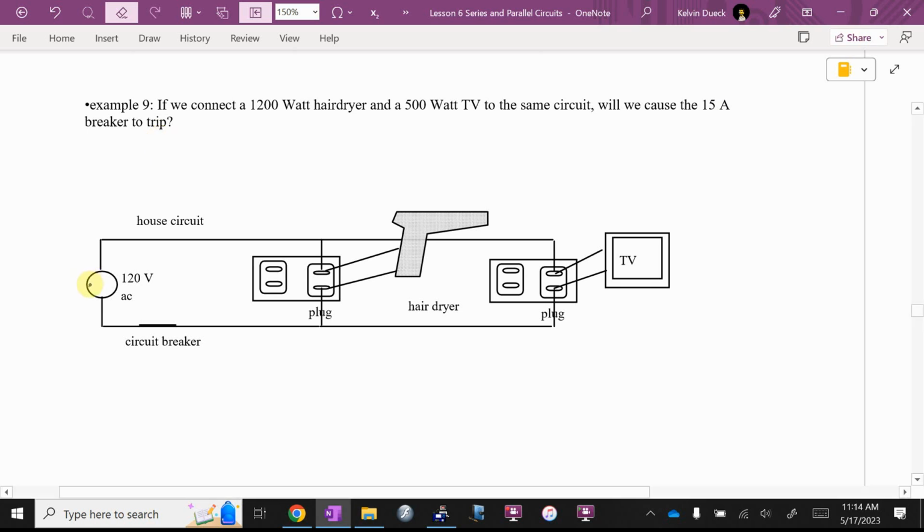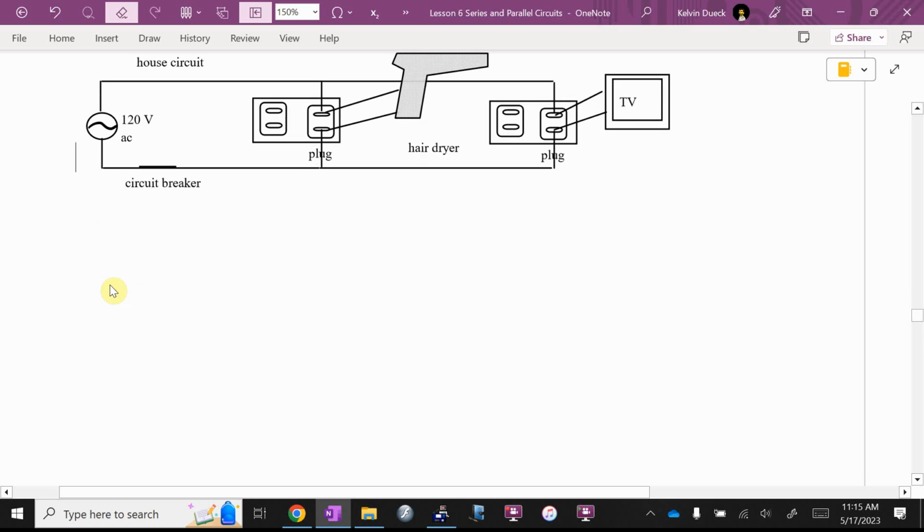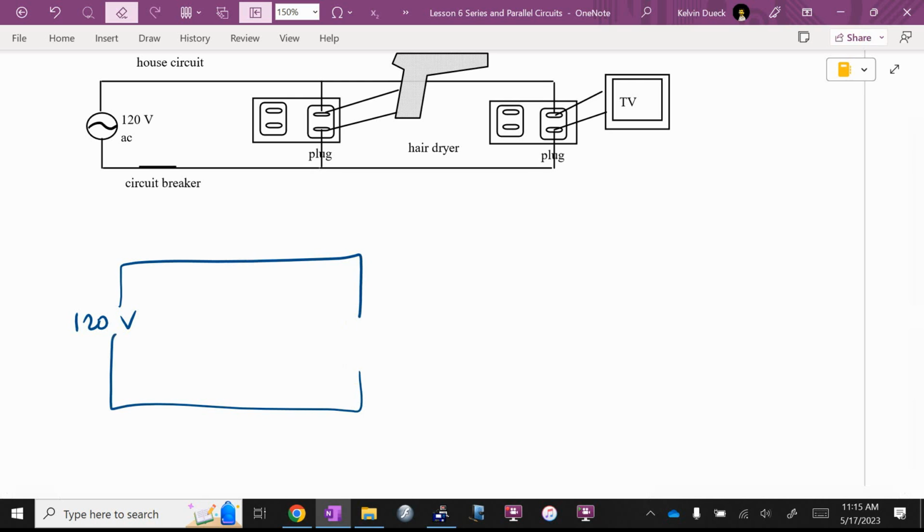Now, this is AC. Do me a favor, draw a little sine wave right there. But we can treat this like DC. I'm going to do a quick little sketch here. I'm going to say I've got 120 volts. There's my source. I've got a resistor here, and I've got a resistor here.